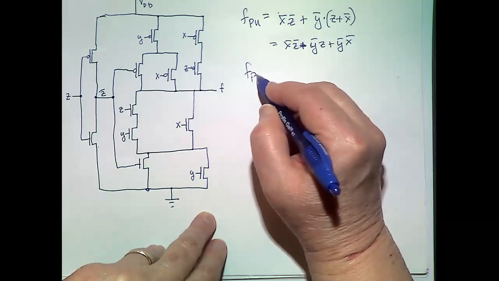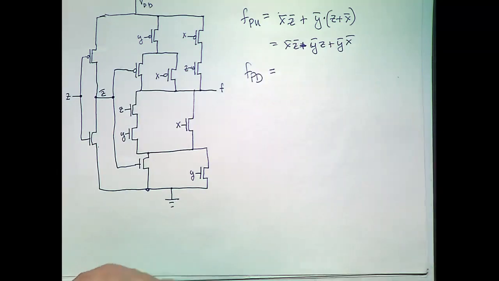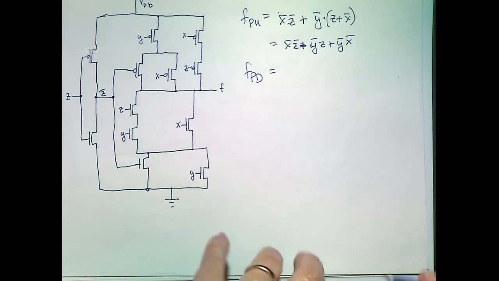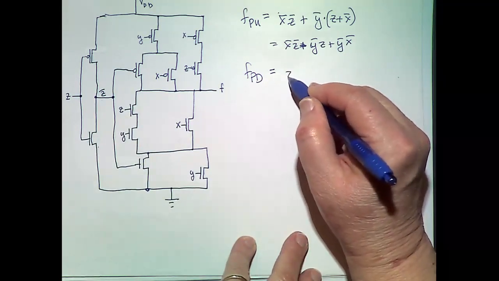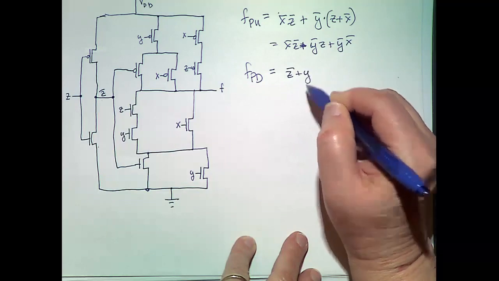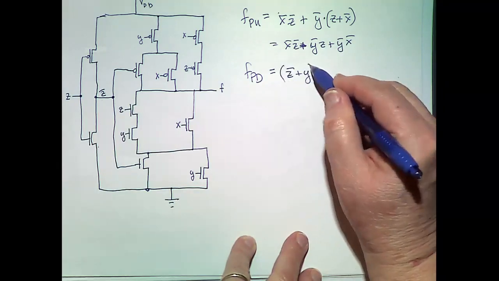Okay, what about a pull down? Yes? Not Z or Y. Put that in parentheses.